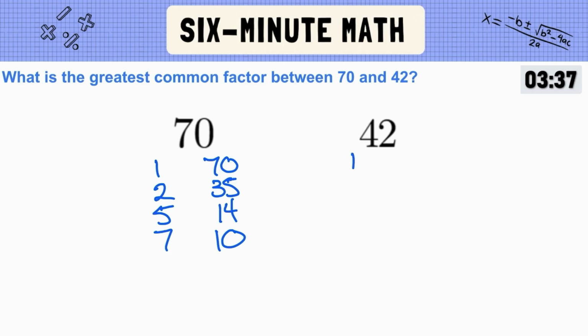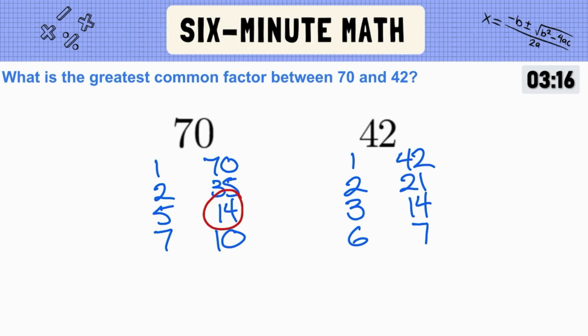And for 42, I have 1 and 42, 2 and 21, 3 and 14, and 6 and 7. In this case, again, do my quick scan to find my greatest common one. My eyes land on 14, which would make the greatest common factor 14 between 70 and 42.